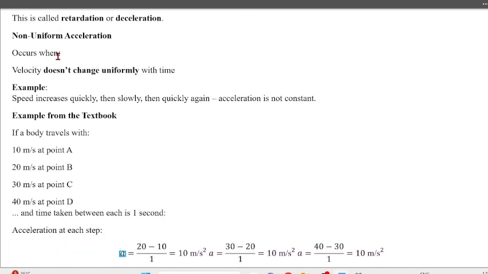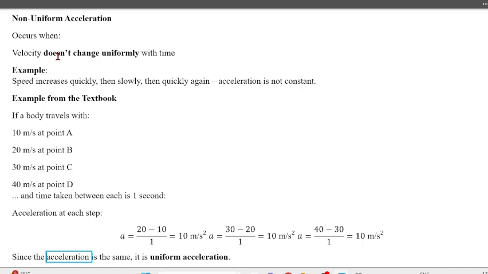Acceleration at each step: a equals (20 minus 10) over 1 equals 10 m/s². A equals (30 minus 20) over 1 equals 10 m/s². A equals (40 minus 30) over 1 equals 10 m/s². Since the acceleration is the same, it is uniform acceleration.